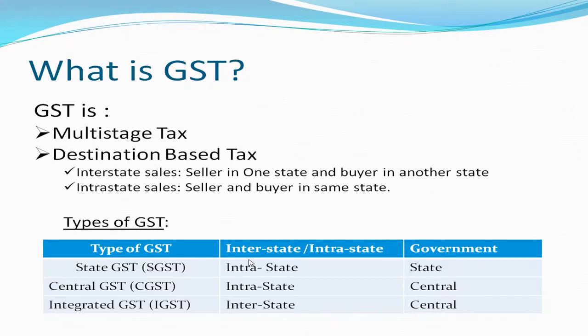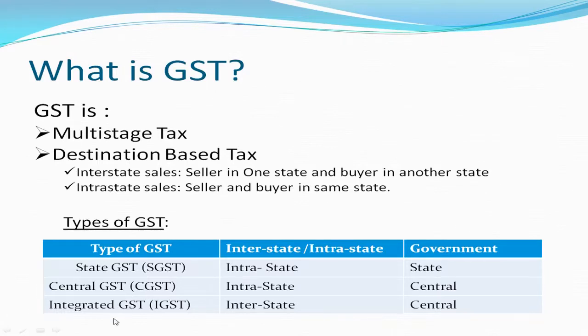One half goes to state government in the name of SGST, that is state GST, and the other half part goes to central government, that is called central GST, CGST.